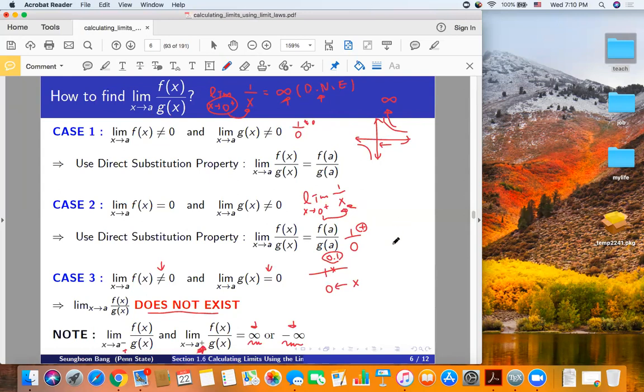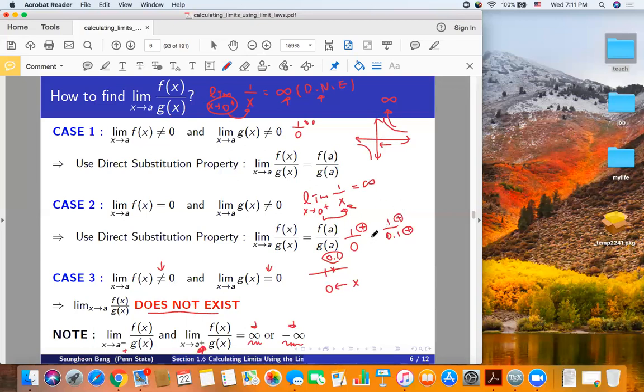The bottom is 0.1, which is positive, and 1 is positive. So it is exactly positive over positive. The answer is infinity. This is the idea.